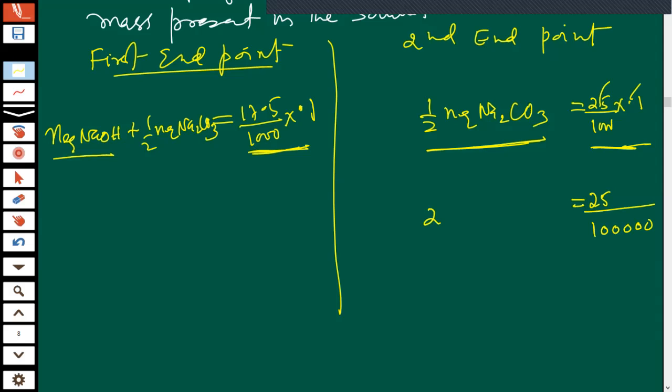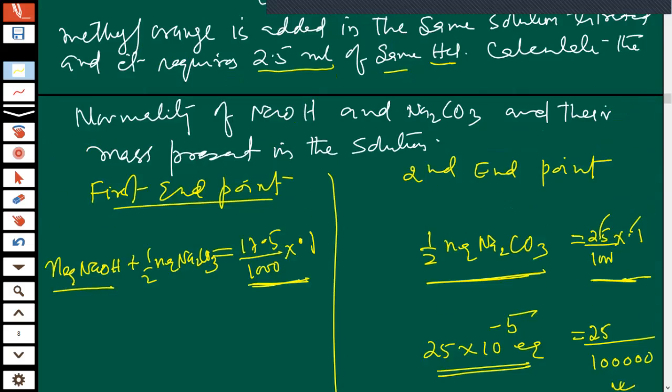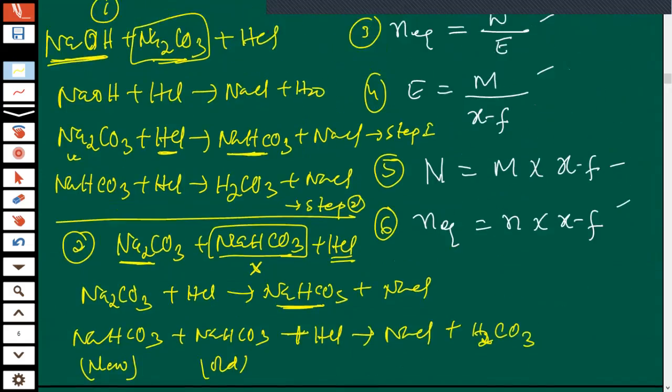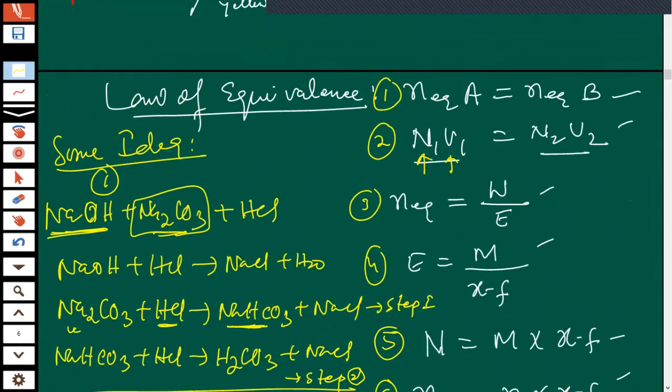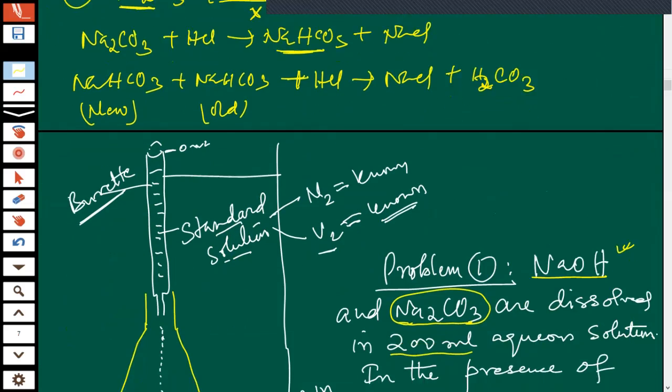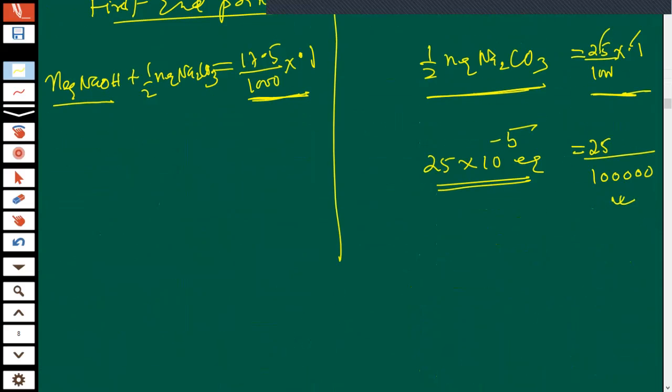So 25 into 10 to the power minus 5 equivalents of acid was used, and for that conclusion we know that law of equivalence is there. Number of equivalents of this will be number of equivalents of this. So this is the equivalent of sodium carbonate, half value.